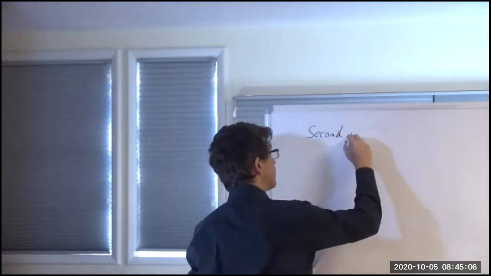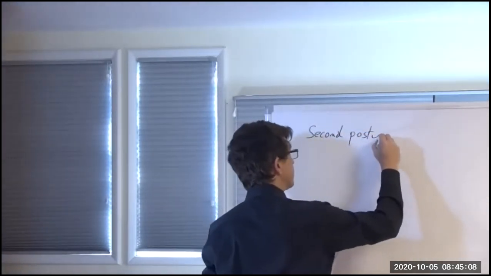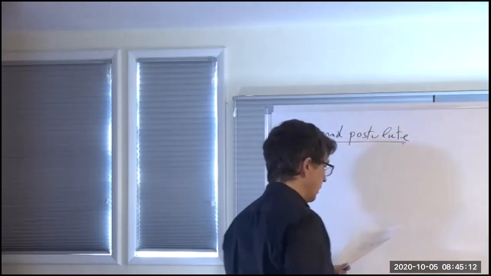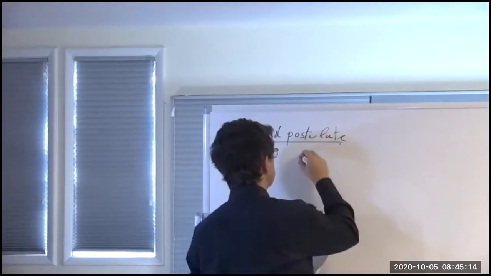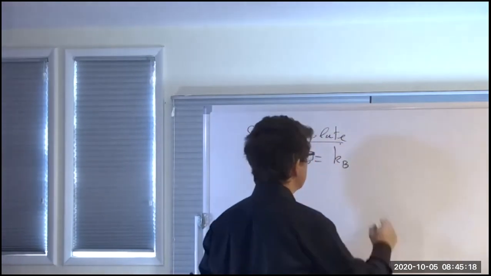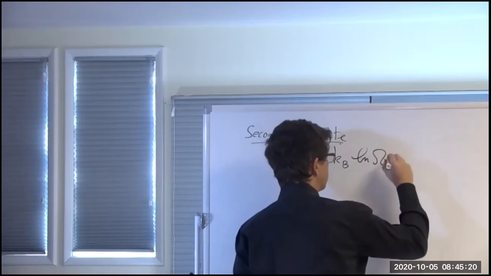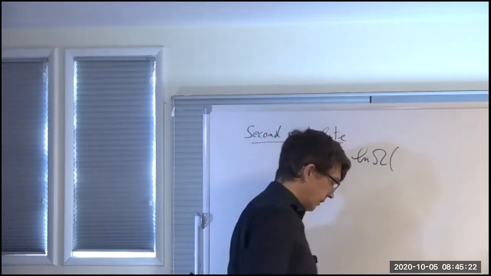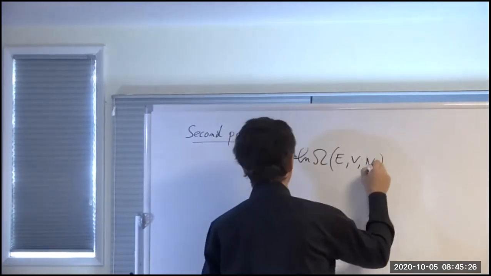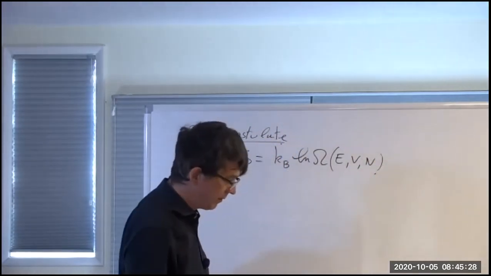So the second postulate is the Boltzmann law, that the entropy of a macroscopic system is k_B log omega. And omega is measured at constant E, V, N. And so the entropy is specified at that E, V, N.